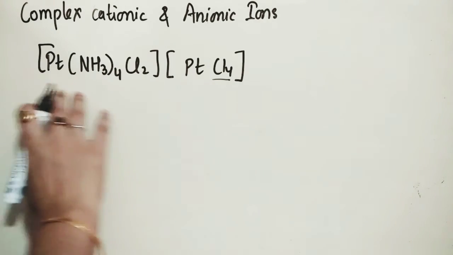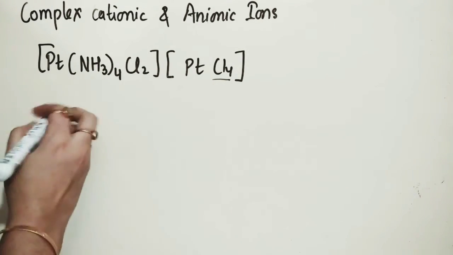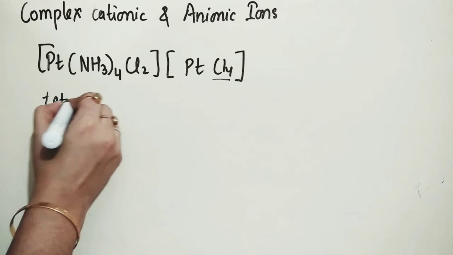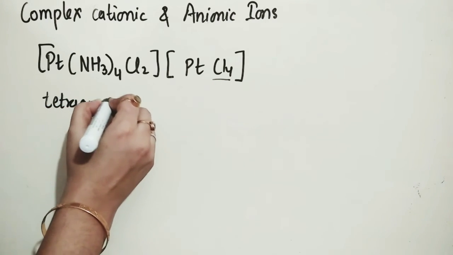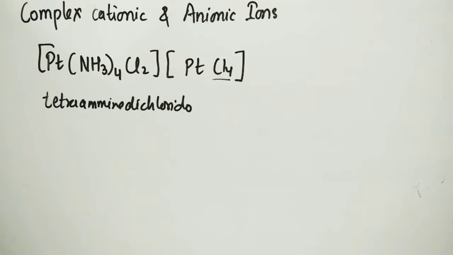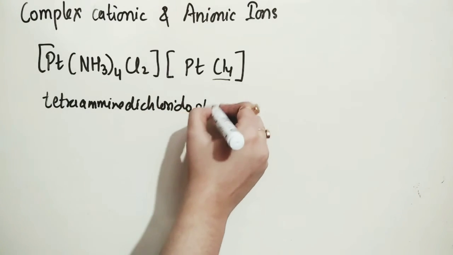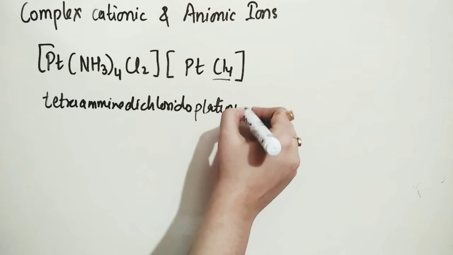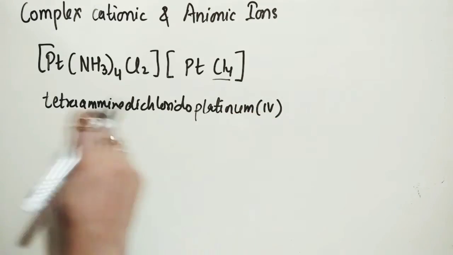So first of all we name the cationic species here. So it will be tetraamine dichlorido platinum(IV).